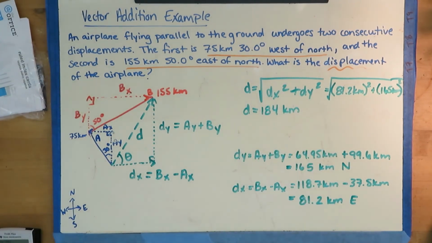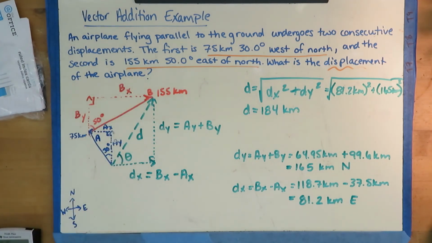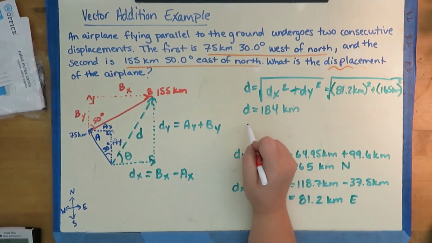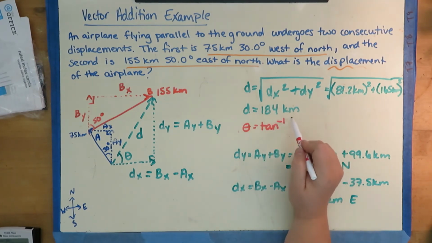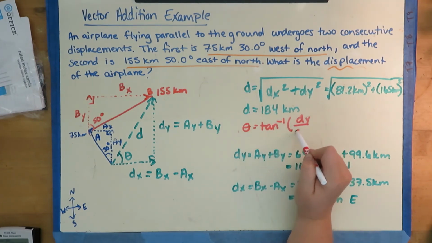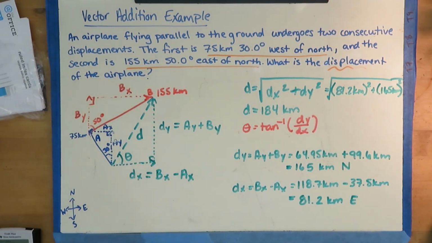And I'm still not done. I now know the magnitude of my overall displacement, but I still haven't found the direction. So to find the direction, we need to find our angle theta. So theta is going to be the arctan of dy over dx, because tangent is opposite over adjacent.